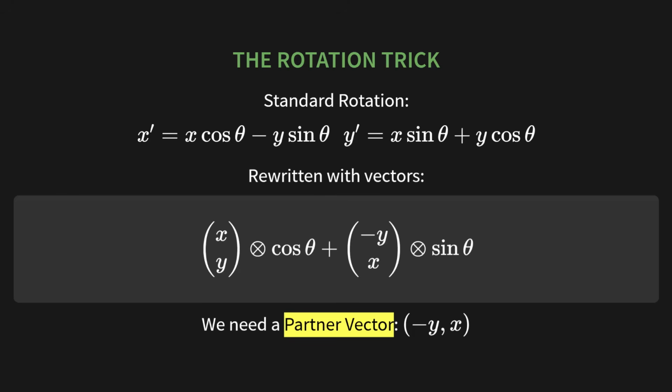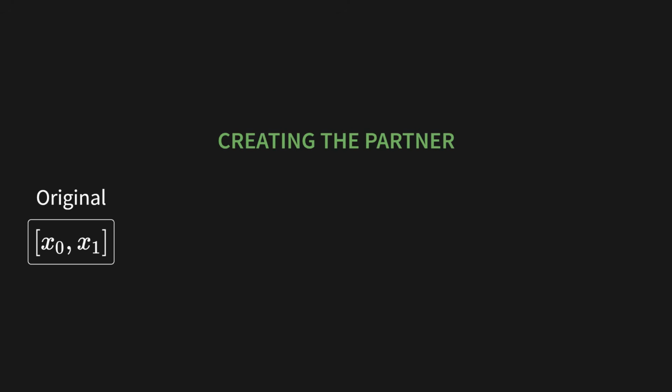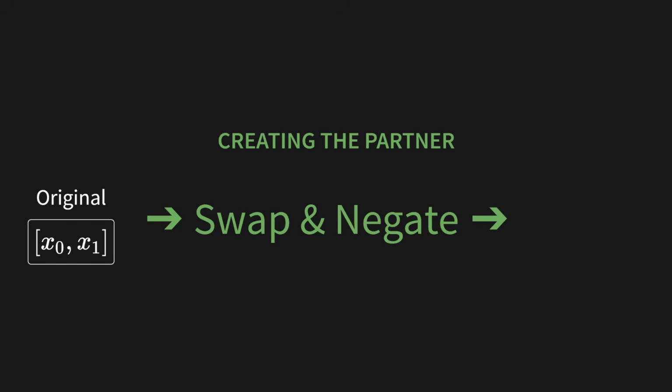The whole key to vectorizing this rotation is creating that partner vector. And creating the partner is incredibly simple. If your original pair is x0, x1, you just swap them and negate the new first element. The partner becomes negative x1, x0. That's the whole trick.